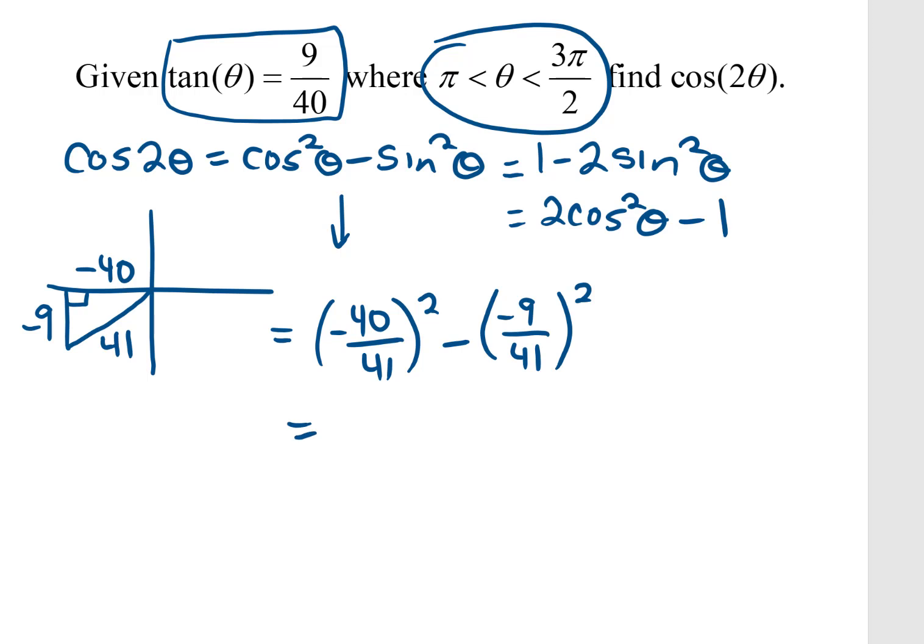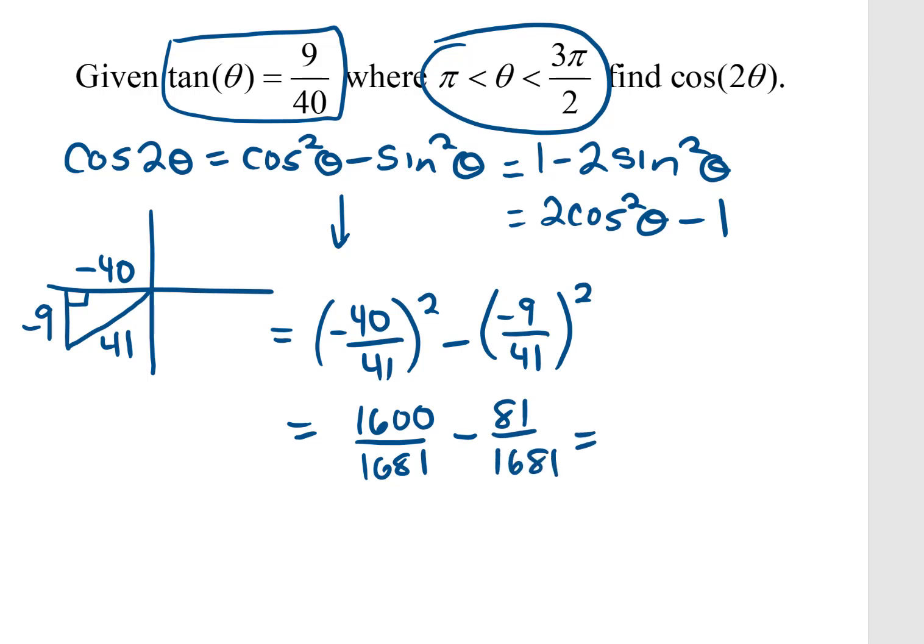All right, now I just need to square negative 40, that's 1600 over 41 squared, and that was 1681. And then I have minus negative 9 squared is 81, and that's over 1681.